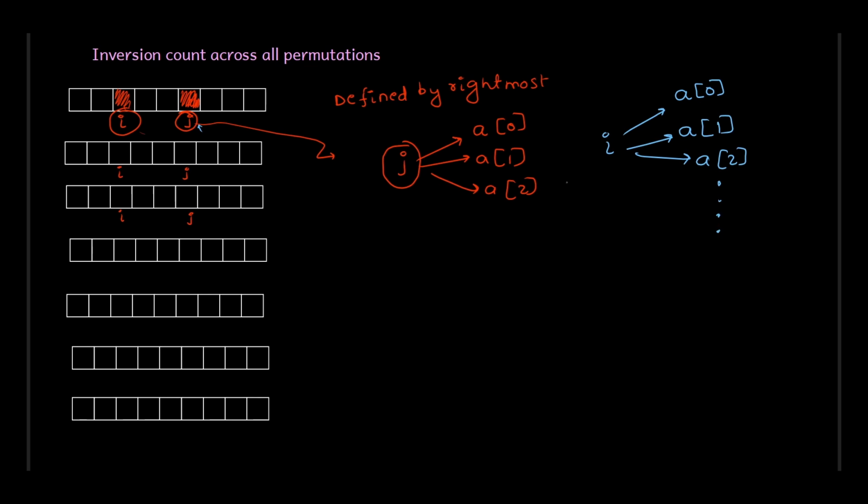Then in how many cases will it be inverted, and in which cases will it not be inverted? So you can see that it will only be inverted if the element that you placed at the ith location, this a of i, is greater than a of j. And in all of these cases it will contribute 1. But when would it contribute 0?